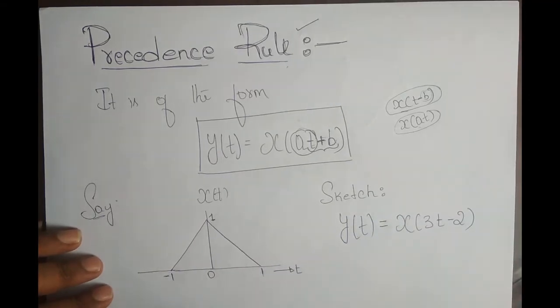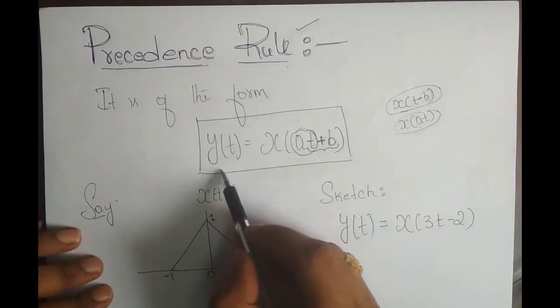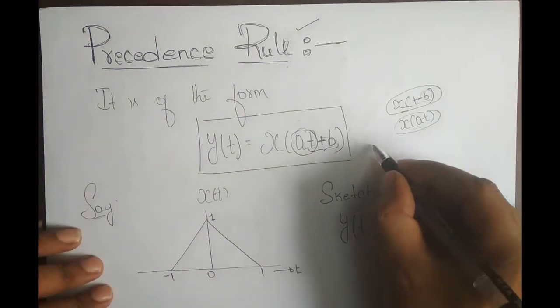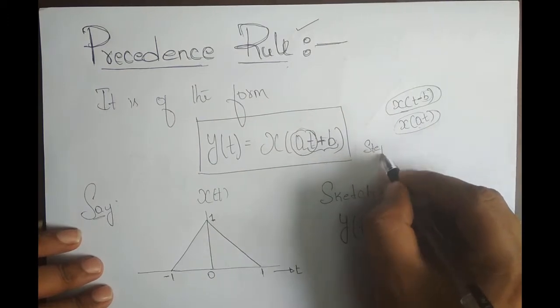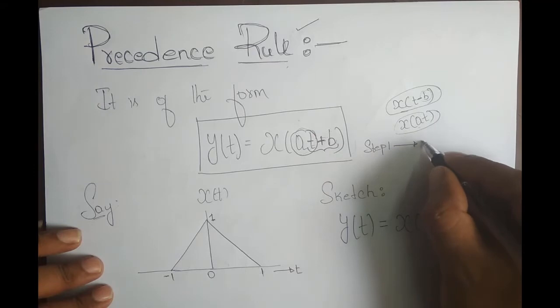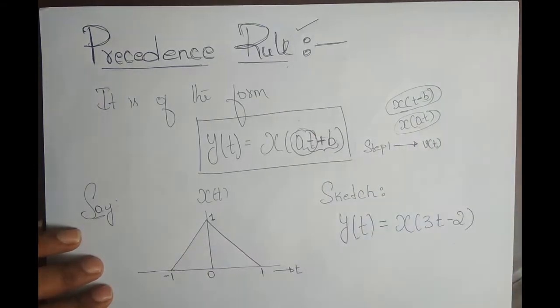So what is it that I need to do? Before I take up this example, whenever I have to follow the precedence rule, I have to take care of two steps. Step one, I have to sketch an intermediate signal v of t, small letter v of t.